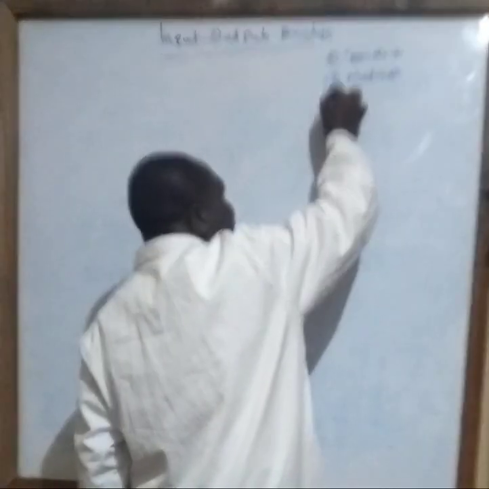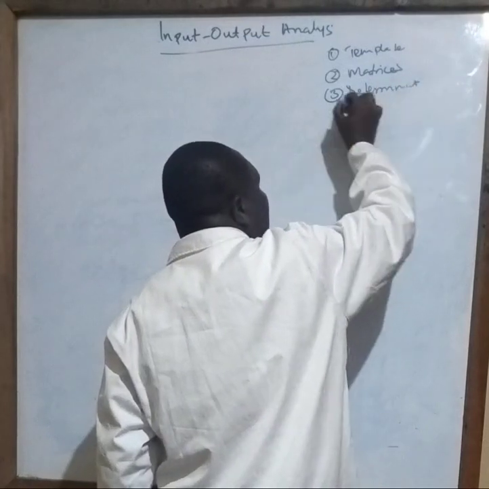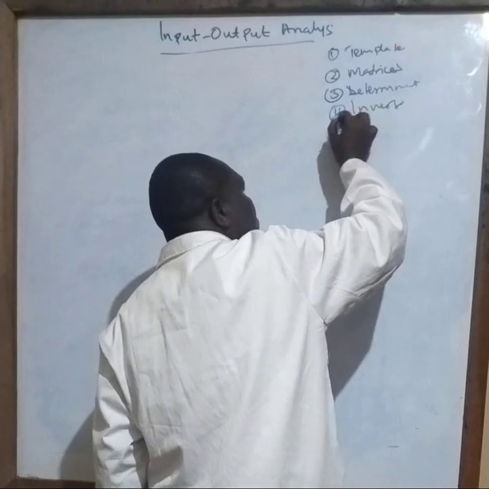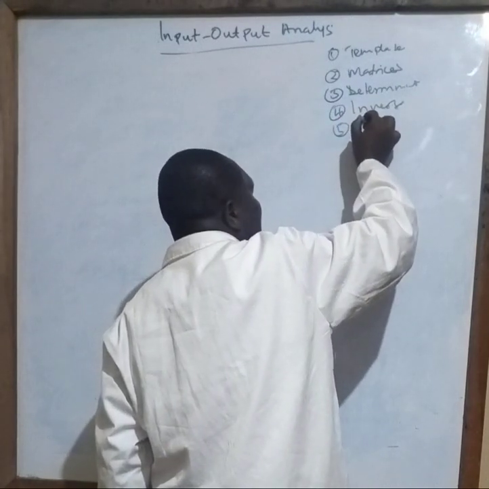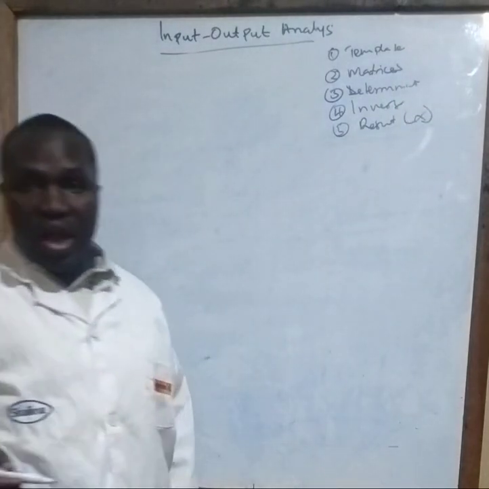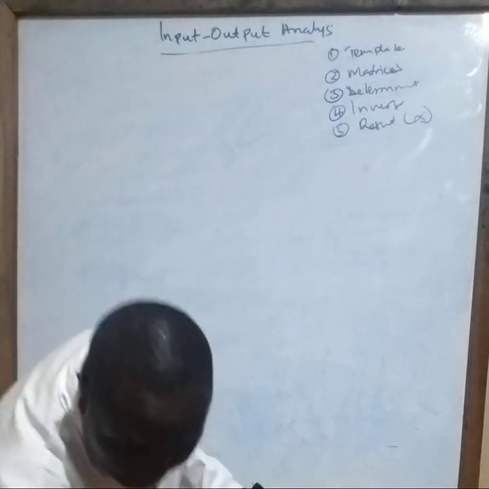Then after you have done that, determine the determinant. Then the third one is the inverse. Then the fifth one is just now the results, which if it is x, calculate the value of x. So I hope and believe that you still remember this particular part.